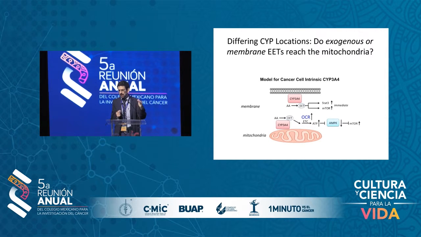At the level of the mitochondria, CYP3A4 is increasing oxygen consumption rates, increasing ATP levels, suppressing AMPK, and thereby activating mTOR. So this is a linkage between bioenergetics and biomass assembly, which is critical for cancer progression. And we'll delve into that in more detail.